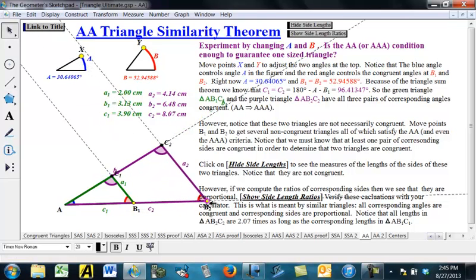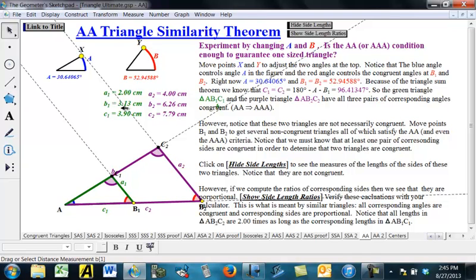We might have A is 4, let's say. So we could have A is 4 across here, A2, which is twice as big as the one here. Well, look what happens to B. B is 6.26, where this is 3.13.